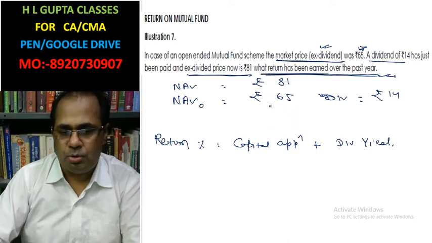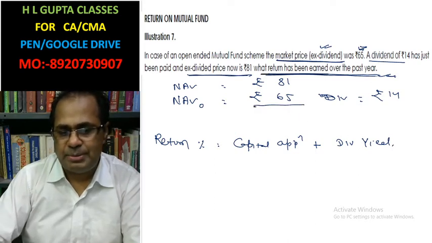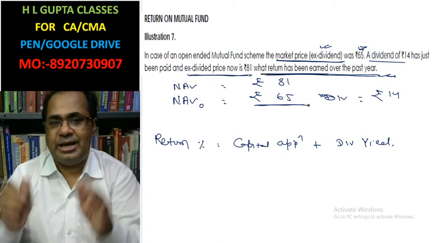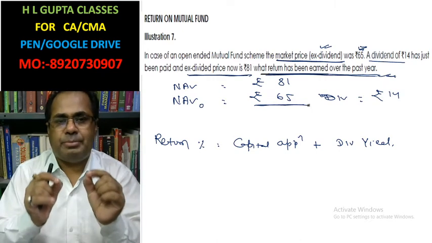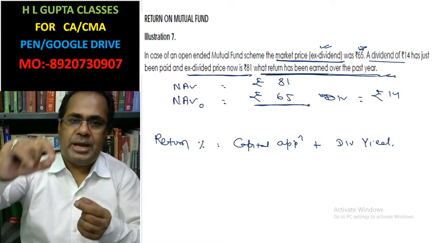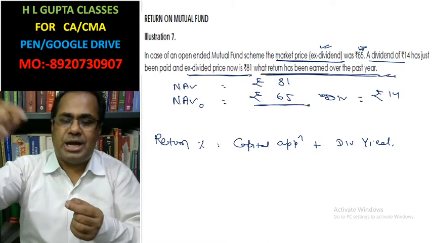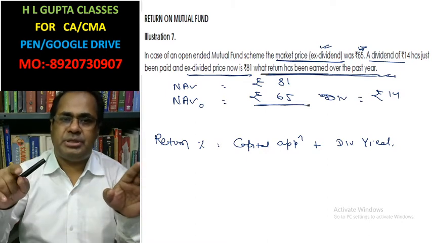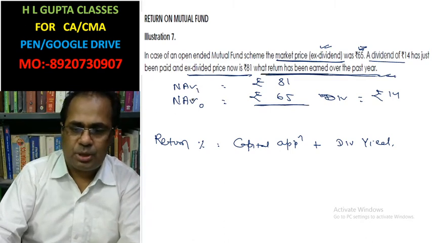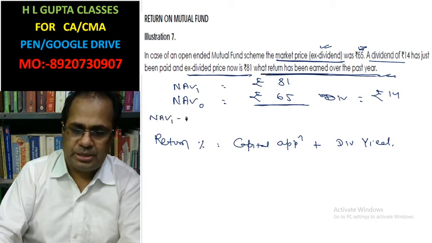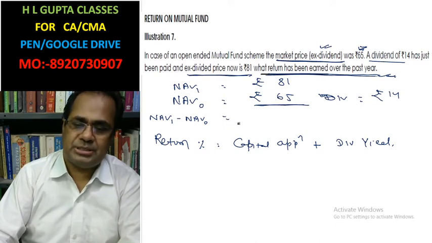The difference between the investment value at the beginning and the value when the same investment is sold at the end is said to be capital appreciation. In this case, what will be the capital appreciation? Net asset value 1 minus net asset value 0.